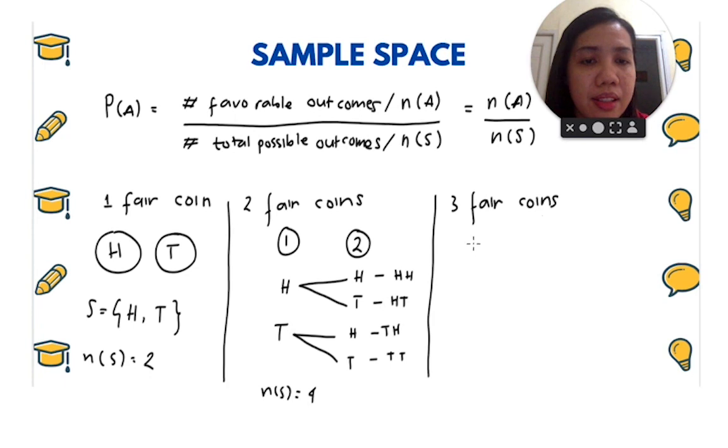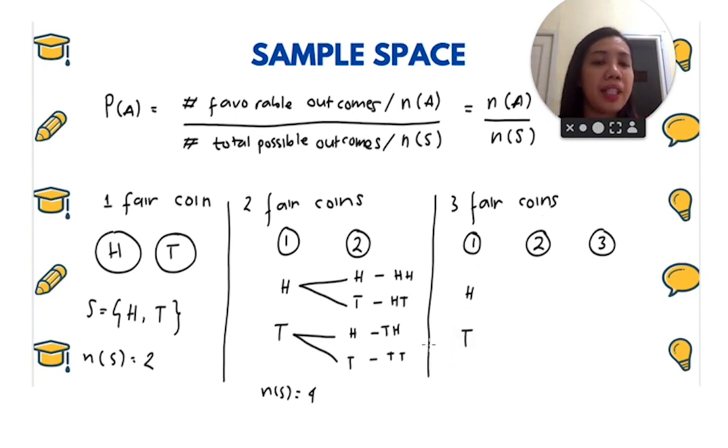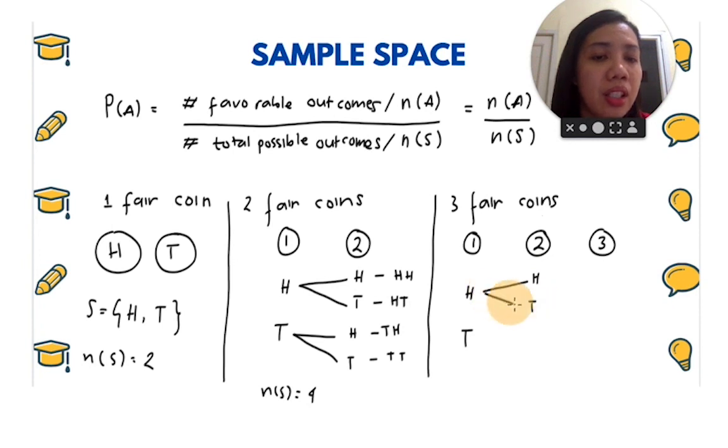This is for the first coin, this is for the second coin, and this is for the third coin. For the first coin, of course we have two possible outcomes, head or tail. Let's say in the first coin we have a head. Then for the second coin, we also have two possibilities, head or tail. We can make branches here. Whenever we have head in the first coin and head in the second coin, in the third coin we also have two more possibilities, head and tail.